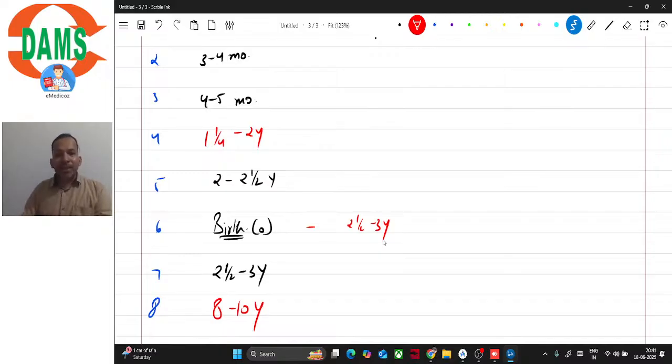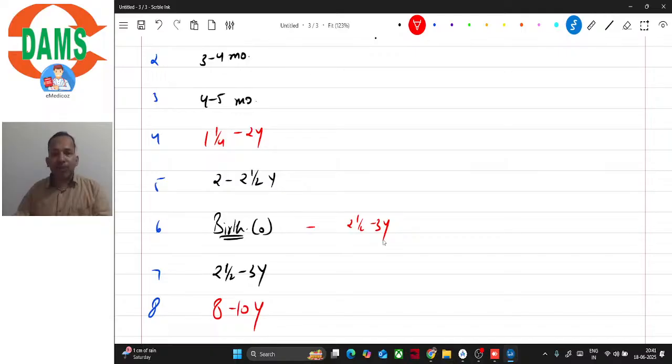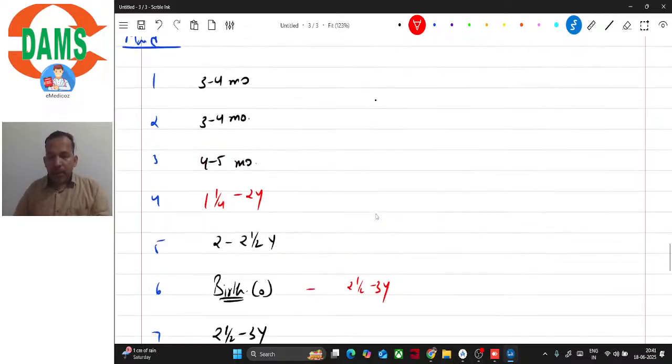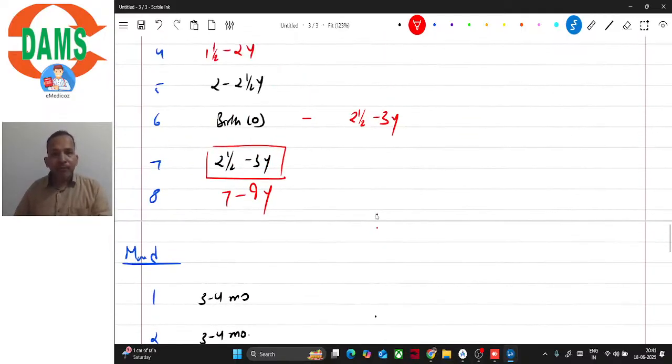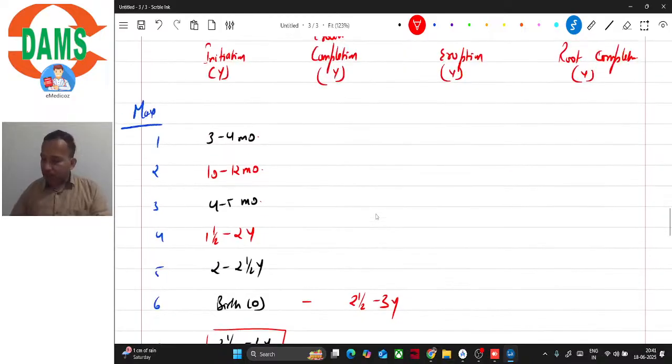So by 3 years of life, we have all the teeth initiated except for third molars, and the maxillary and mandibular first molar crown is completed. So that is all happening in the first 3 years of life. Next 4 to 5 years, which next tooth will complete? So during 4 to 5 years, all the incisors will complete.